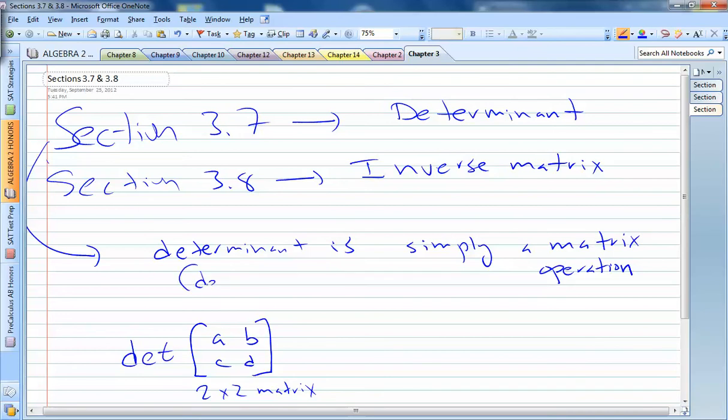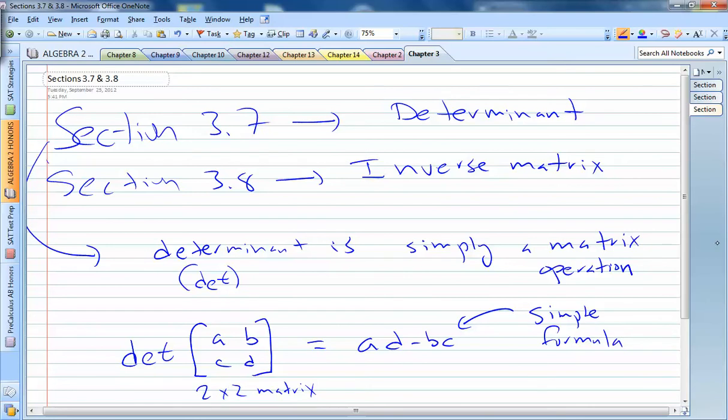Determinant is abbreviated as DET. Well, all it's going to be is just simply AD minus BC. It's just a simple formula.